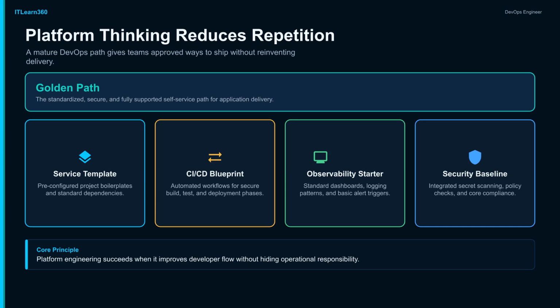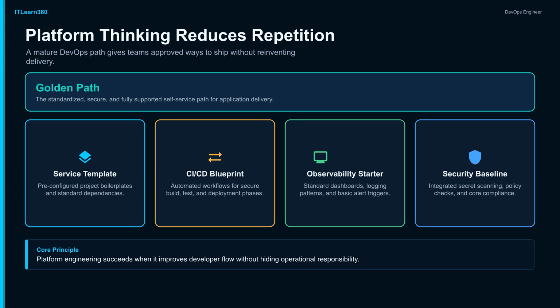Platform engineering is useful when it improves developer flow while keeping operational responsibility visible. At Northstar, a standard service template could make health checks, logging, deployment metadata, and rollback behavior consistent across services. The platform should reduce cognitive load, not hide how production works.